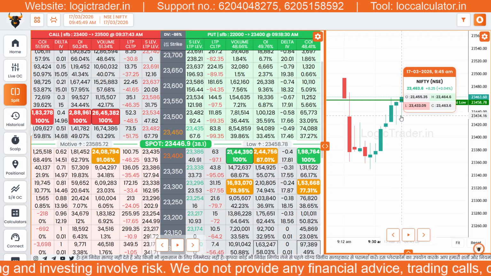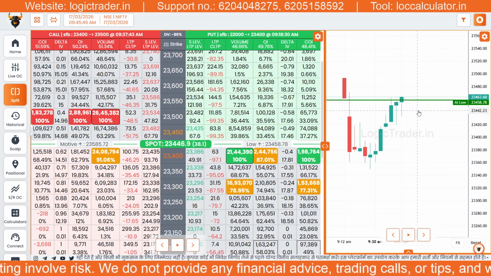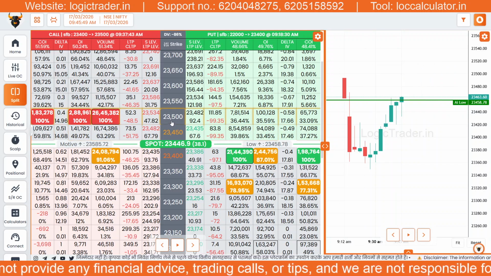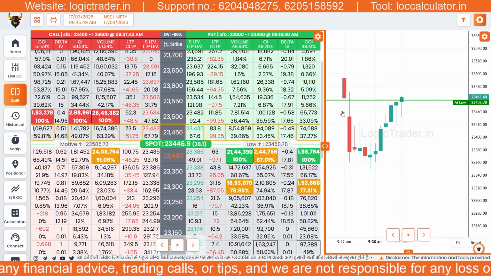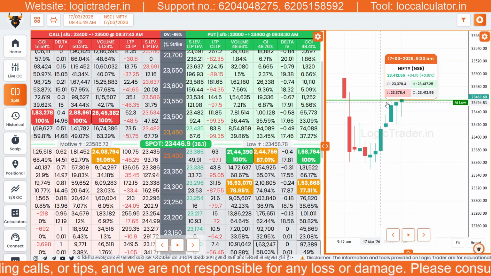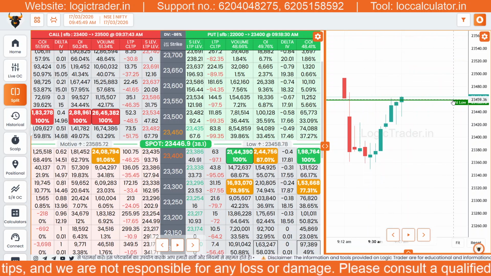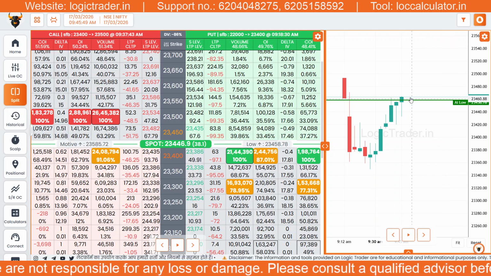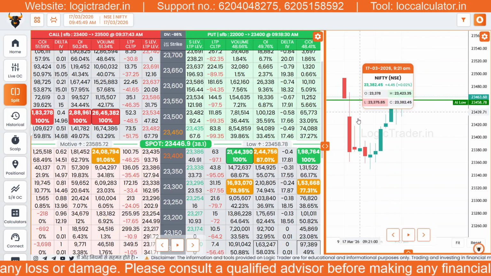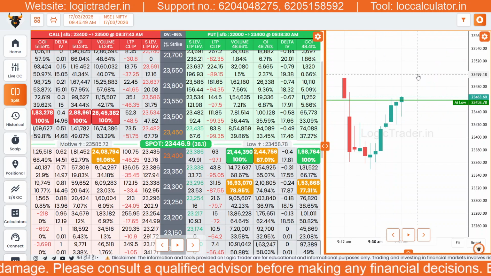This level is around 23,500, a support zone, which is also acting as an average level. At the same time, it matches with the AI low. This confluence gave us a strong indication that buying can be initiated from this level.